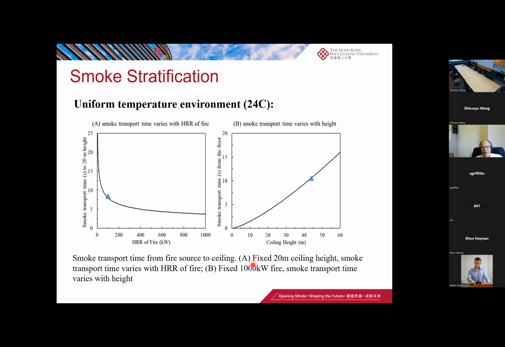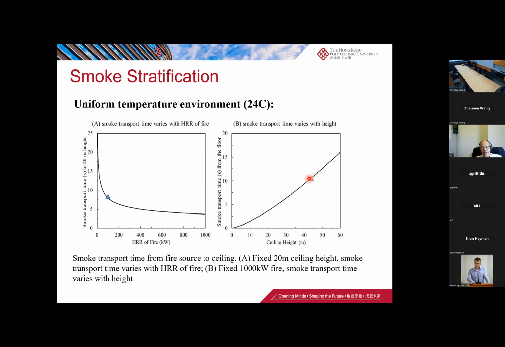Plot B is a fixed 1 megawatt fire. This shows the time for smoke to rise to some height, correlated with the ceiling height. The height varies from 0 to 60 meters. We arbitrarily pick this point, say 45 meters ceiling height.